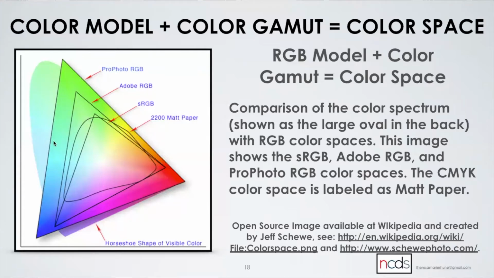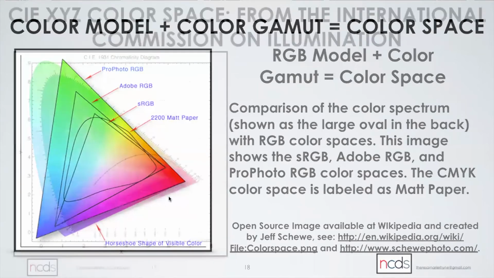ProPhoto RGB is what photographers use. Kodak developed this. Now notice this triangle is so large that it's outside the horseshoe color spectrum. So it is possible to shoot in raw on your camera colors that we cannot actually see. So this is the comparison of these color spaces.